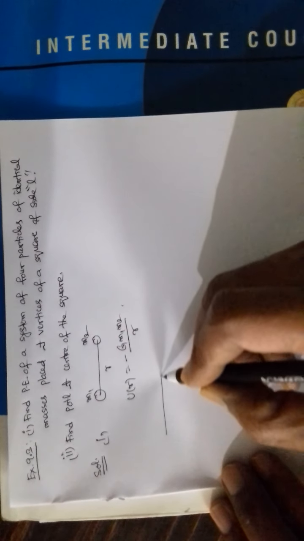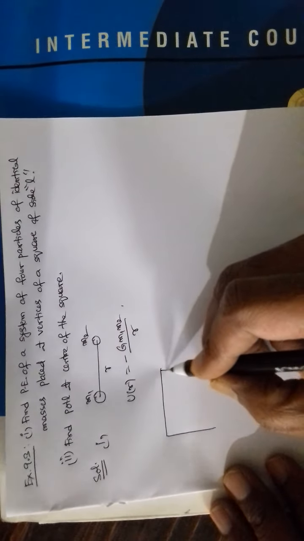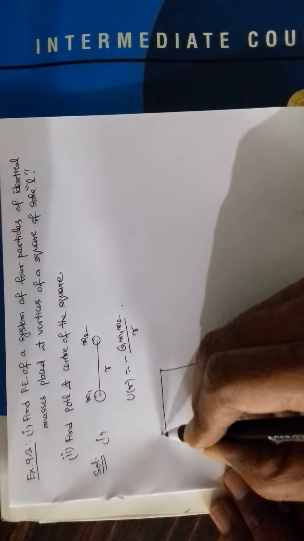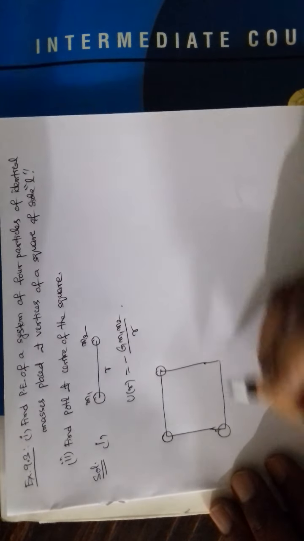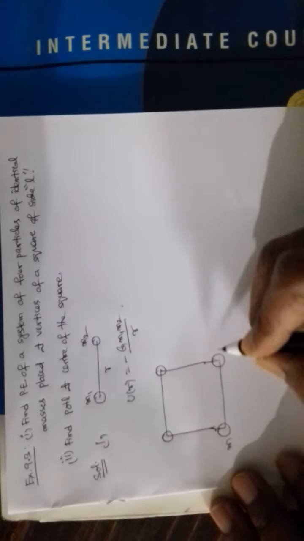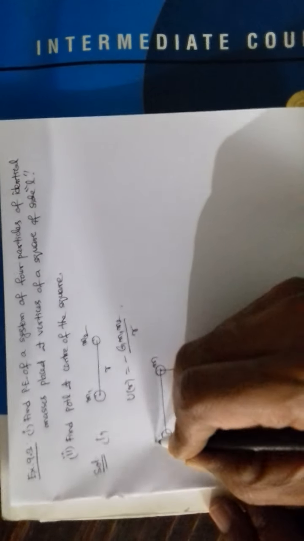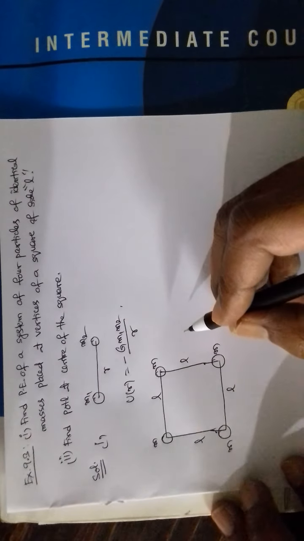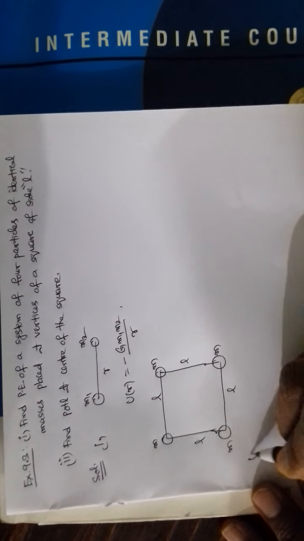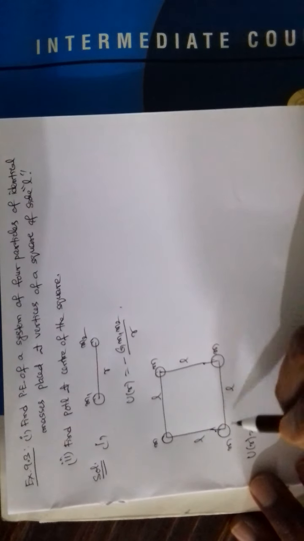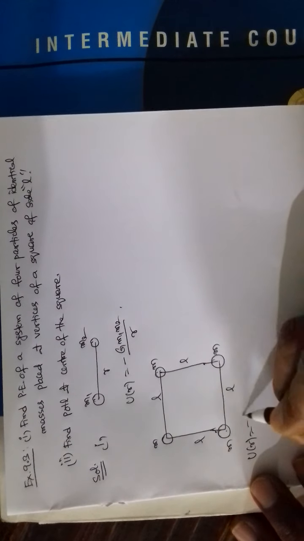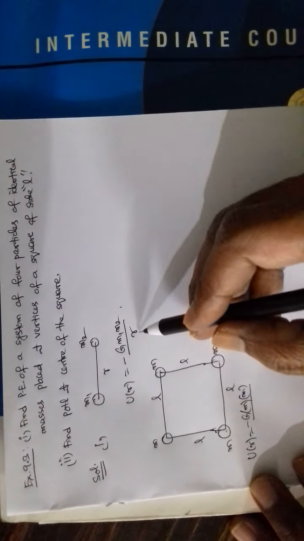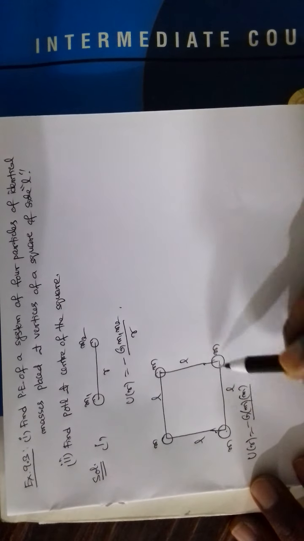Now U(R) is equal to, for this pair of masses, minus G M into M by the distance between these two, and here the distance between these two masses is L.